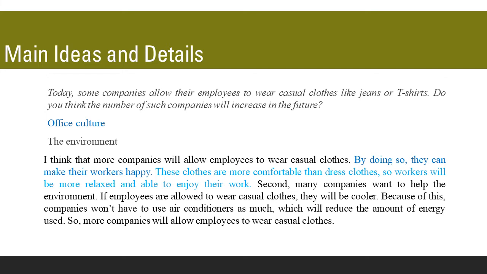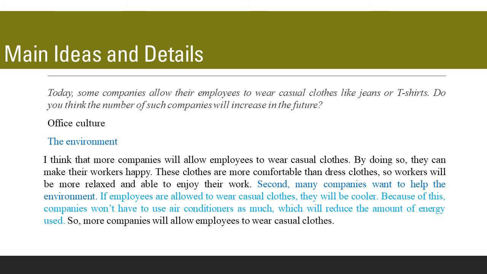Let's also look at the second point we were going to talk about in this answer, and that was the environment. Here, one more time, dark blue is the main point about environment. The dark blue sentence says, second, many companies want to help the environment.